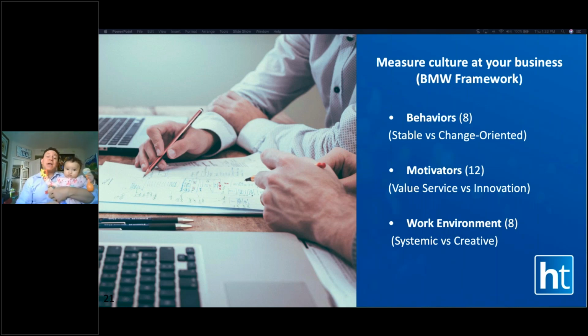The second area of BMW that you should get to know your people at your organization are motivators. These are the values, what's under the iceberg, under the water that's not easily seen. What drives people, and are they more about service, belonging and team, soft-spoken, or more unique, individual, innovative, driving things as leaders? This is also important.